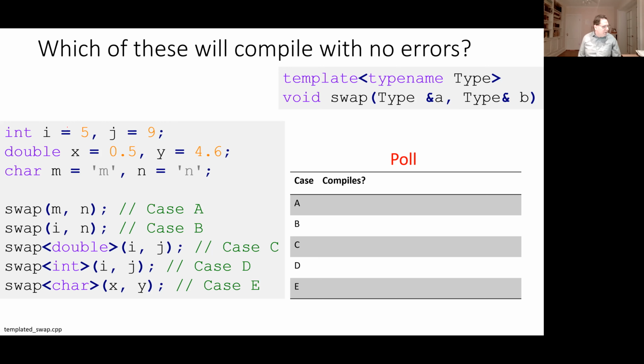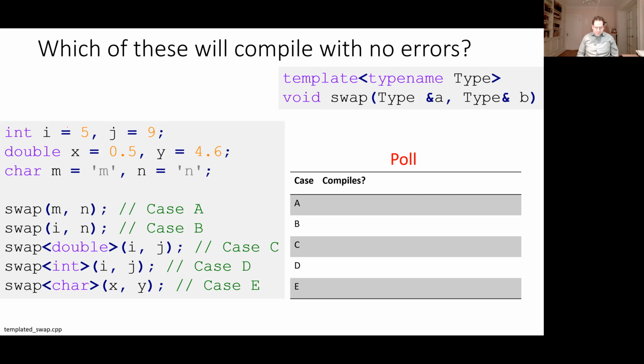Okay, so I'm going to give you another few seconds to fill this in, and then I'll show the results. Okay, so I'm going to show you the results, and let's go through these.